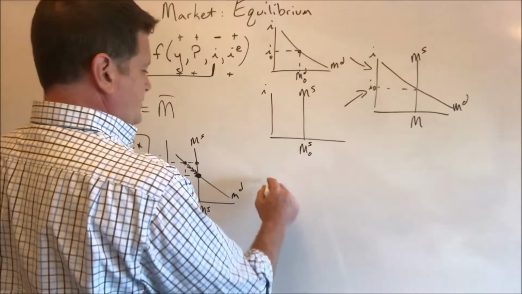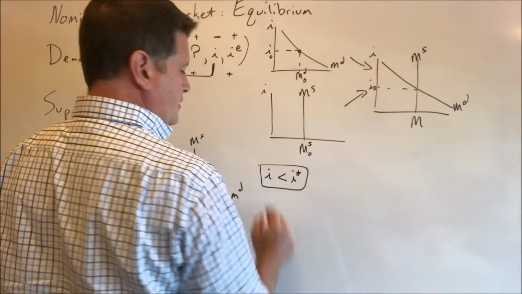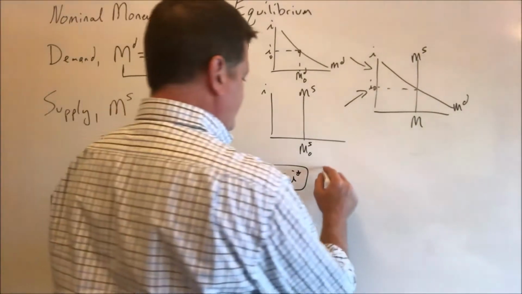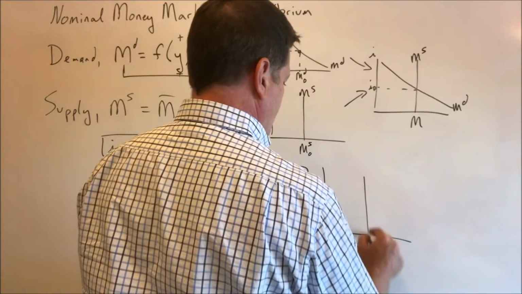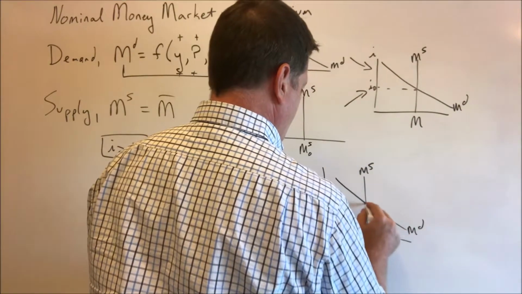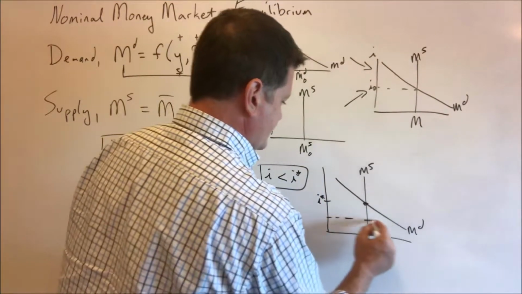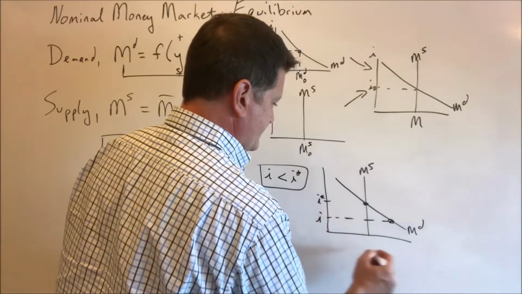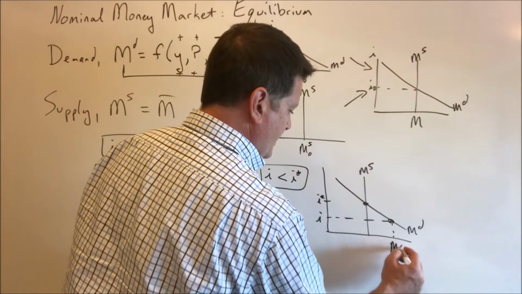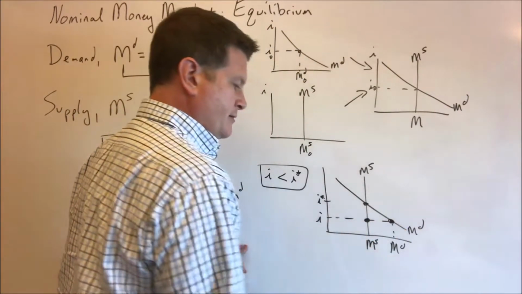The opposite happens if the interest rate is below the market clearing rate. If this is the market clearing rate and interest rates happen to be down here for some reason, money demand is higher than money supply at that interest rate.